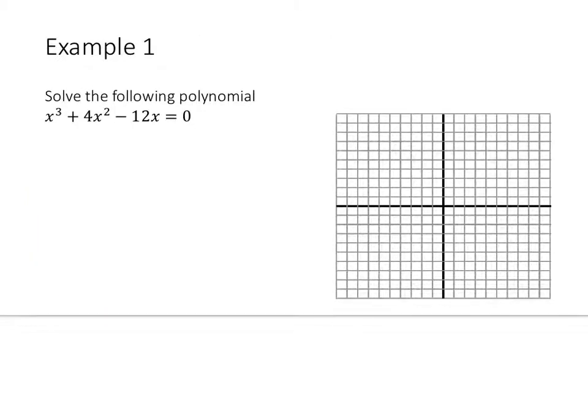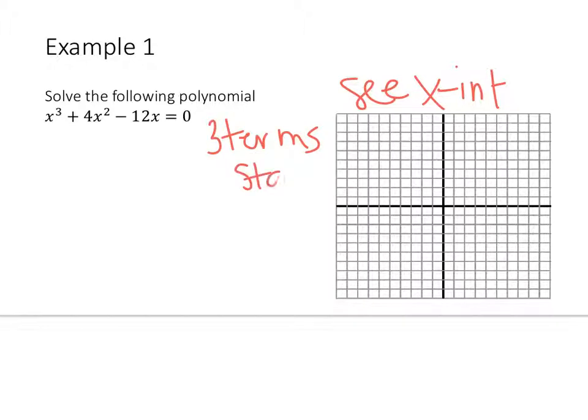So for our first example, I'm just going to show you, I want to solve the following polynomial. And I just put a graph over here so that we could see the x-intercepts. You're not going to have to graph in your homework. So when I factor, there's 3 terms, which tells me I'm going to do the star method. But any time before you factor, you always have to look for the GCF.